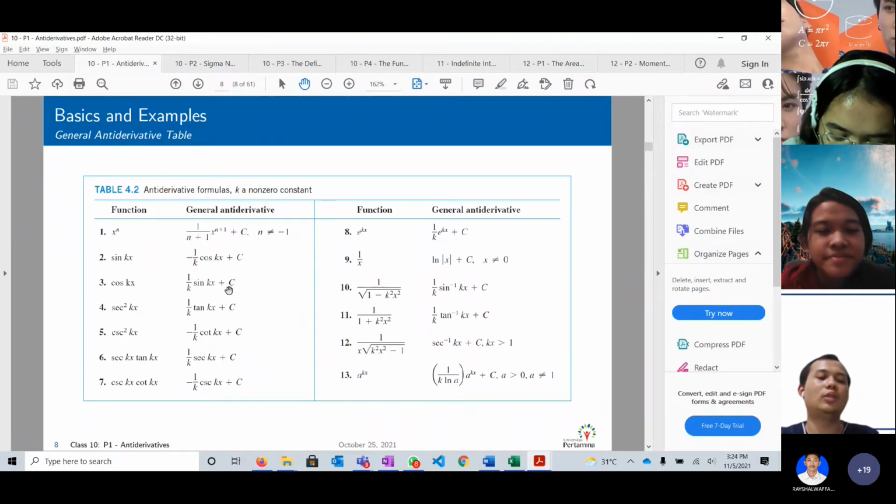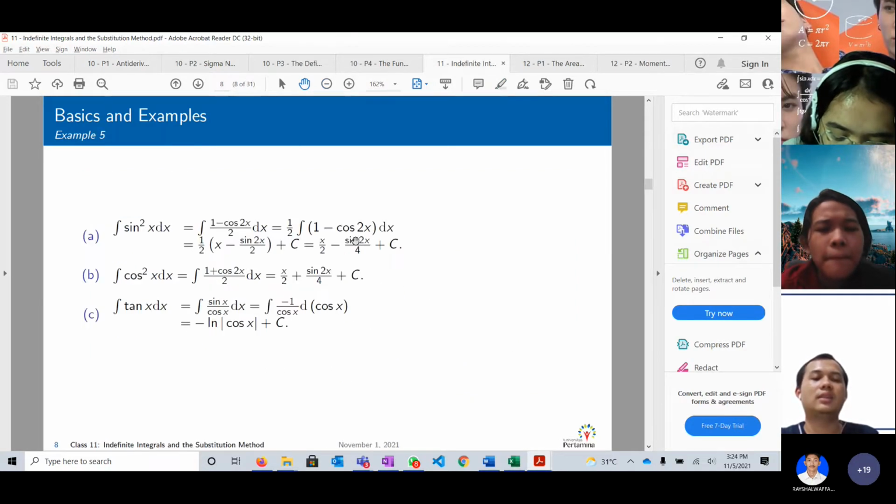Here, you just need to look at this table. What is the integral? Then you can integrate it like this.